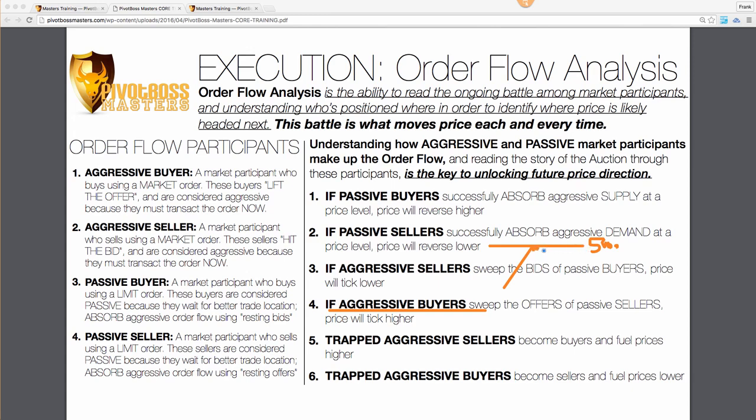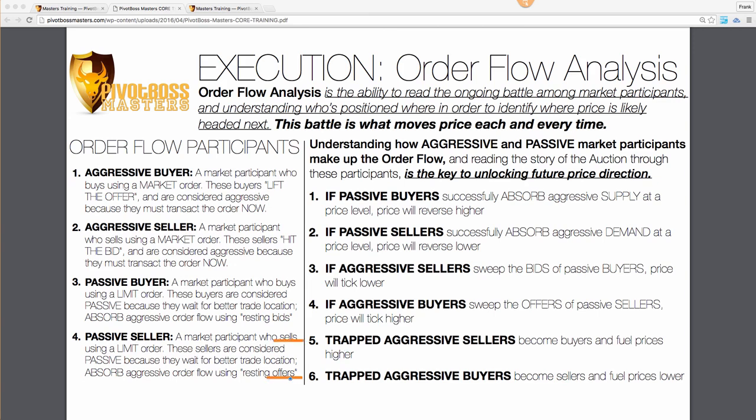Perhaps 1,500 contracts again come through here to buy. That'll drop this down to 3,500. Then maybe another 3,000 comes in here, that drops it down to 500. And now say a 2,000 buy comes in, and boom, you break through and tick higher because you've run through those resting offers.